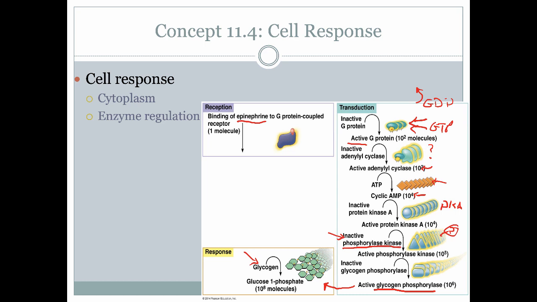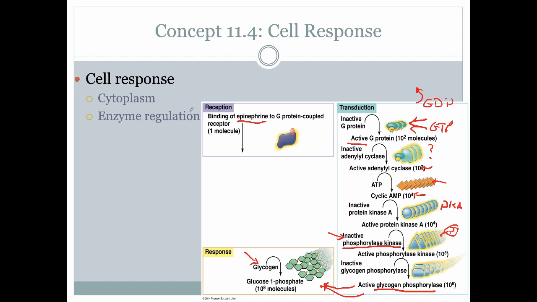Phosphorylase kinase phosphorylates an enzyme called glycogen phosphorylase. Glycogen phosphorylase phosphorylates glycogen, essentially. It doesn't really phosphorylate it, but it modifies glycogen so that glucose 1-phosphate is produced. Okay, so what I want you to focus on is the verbs I was just using, right? What is each of these steps doing?